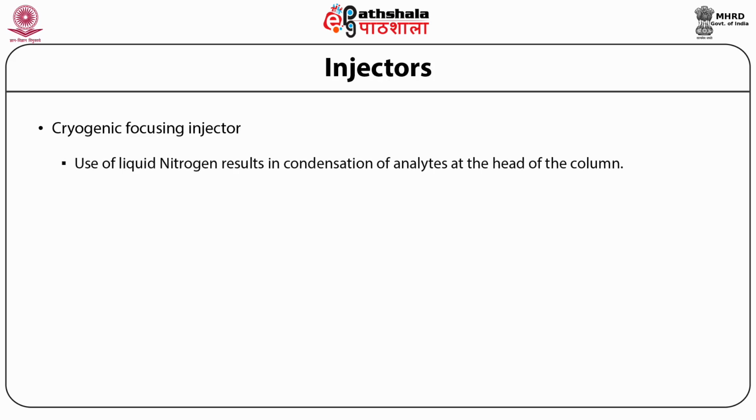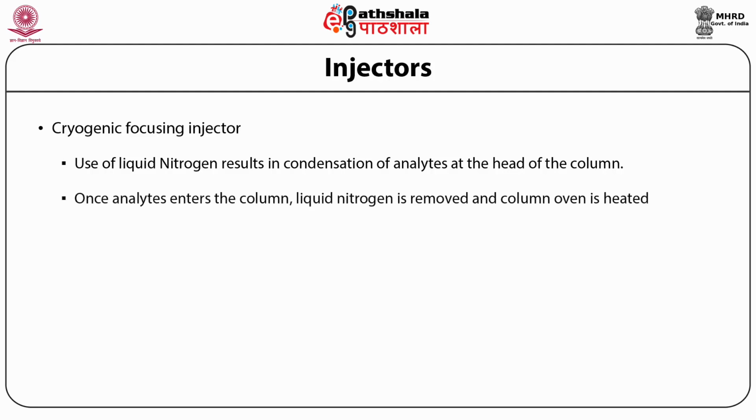The liquid nitrogen, or this cryogenic fluid, cools the column and results in condensation of the analyte at the head of the column. Once the analytes enter the column, that is after the injection, the liquid nitrogen is removed and the column oven is heated to analyze the volatile analytes.